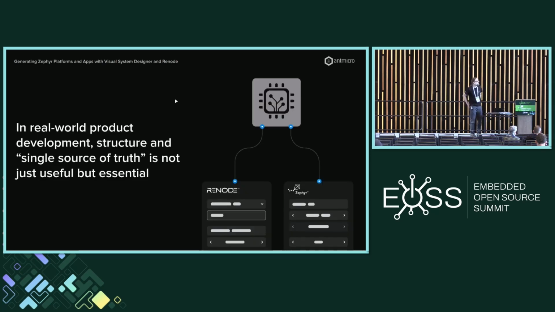Now, summing up this part, in the real world, this kind of structure that I talked about, this single source of truth approach, as I'll call it, is not just a useful thing, it's essential. At a certain scale, we couldn't ever build the Zephyr dashboard by hand or by some clever hand-generated stuff. We would have to spend a lot of time to do that, and we couldn't maintain it.